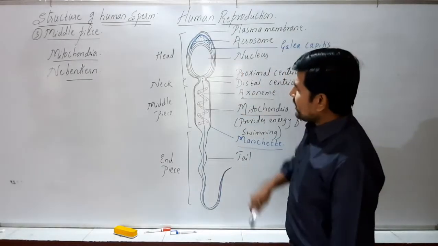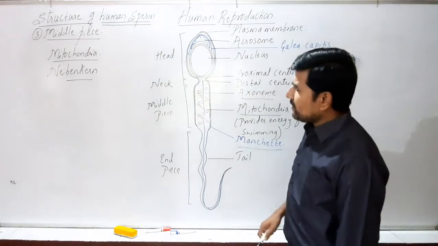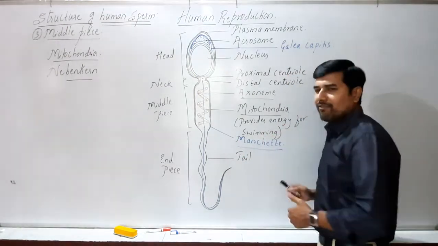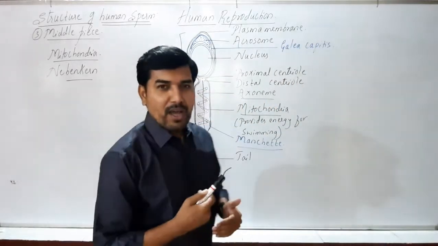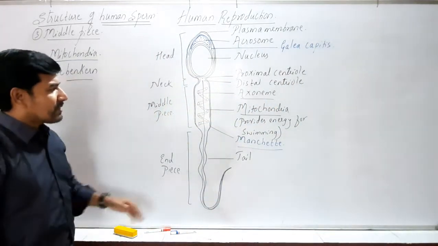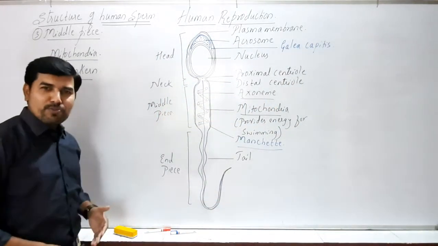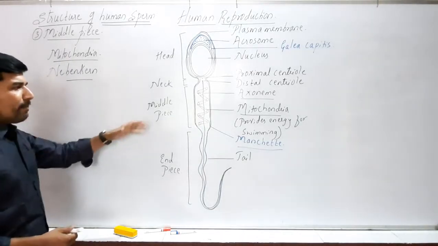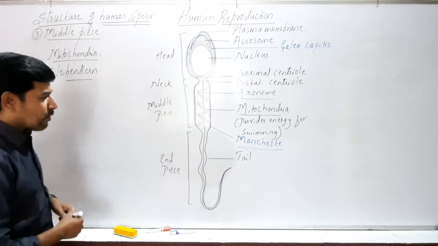Now, look at the next part. So this is regarding the middle piece. Middle piece has mitochondria. It provides energy for sperm swimming or for the movement of the sperms. Someone has to provide energy, and that energy is provided by mitochondria present in the middle piece. So with this, let's move on to the next part.